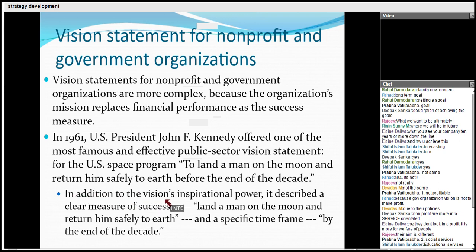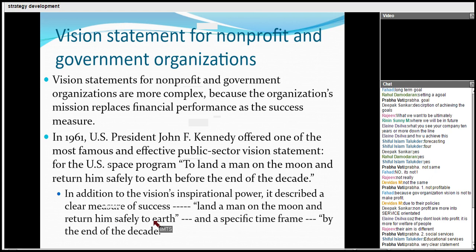First, in addition to the vision's inspirational power, it describes a clear measure of success. And what is the measure of success? Land a man on the moon and return him safely to Earth. If you land a man on the moon and you don't return him, is the vision a success?